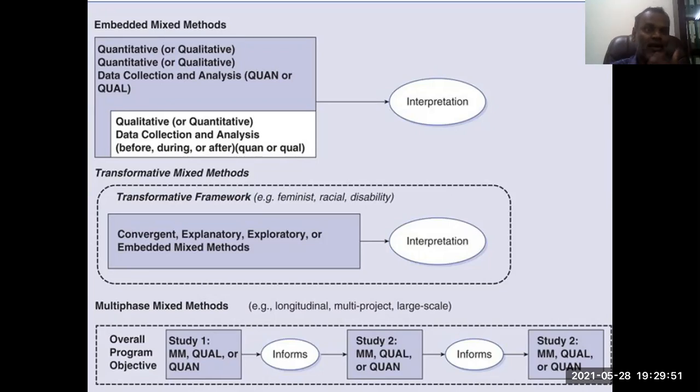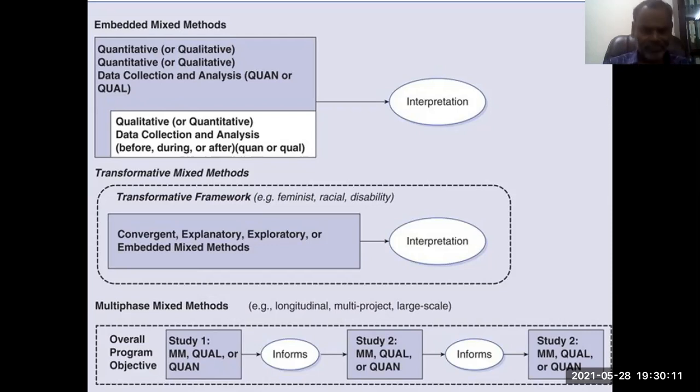In the past you can go with qualitative, in the present with quantitative, and for the future you can ask them again qualitatively. So you can make a sequence. It depends upon the nature of data you can use. Then you can go for interpretations.